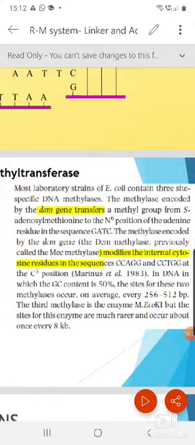This is a methyltransferase. Another very popular one is DCM. DCM methylase modifies the internal cytosine residue in the sequence CCAGG or CCTGG, the second C, not N5, C5 position, C5 position.